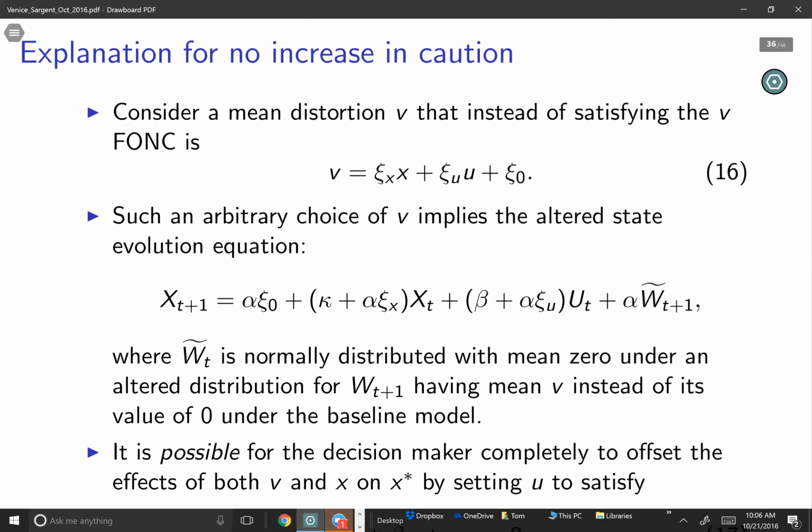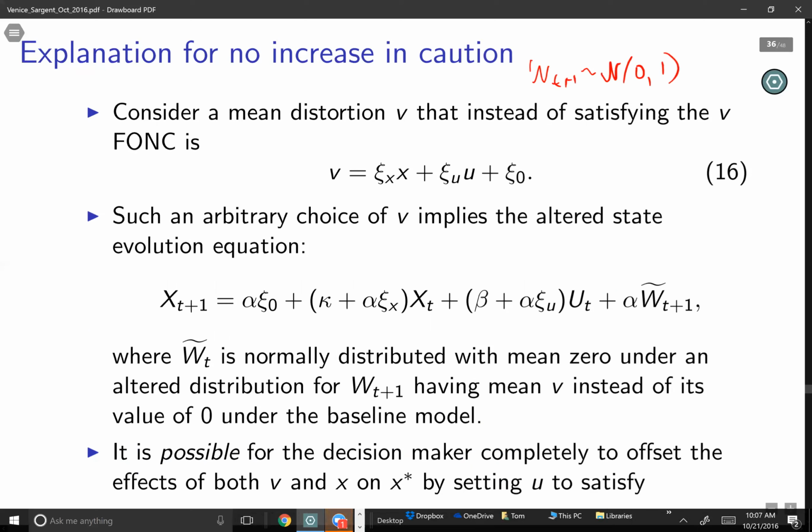We're going to pretend we're the minimizing agent, and remember what we're distorting. This was normal 0, 1 under the baseline model, Friedman's model. We're going to think we're a minimizing agent, and we're going to replace this. Let's keep it normal.